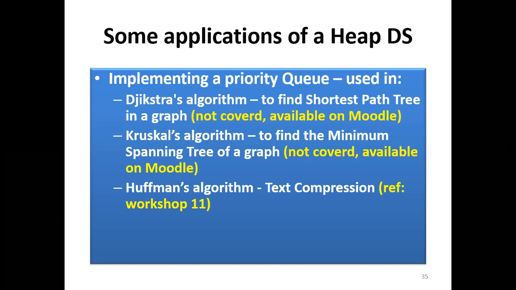This is not covered in the lecture, but it's available on the module. Another one is Kruskal's algorithm, which is used to find the minimum spanning tree of a graph. It's also not covered in this teaching, but it's available on the module. And the third one is Huffman's algorithm, which is used for compressing text.